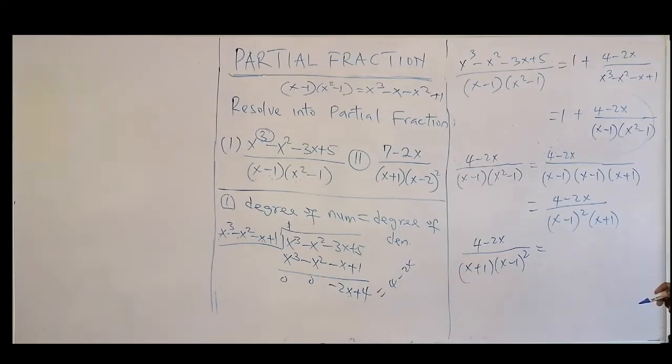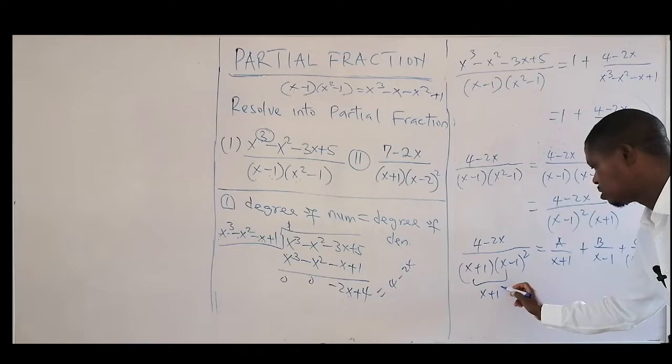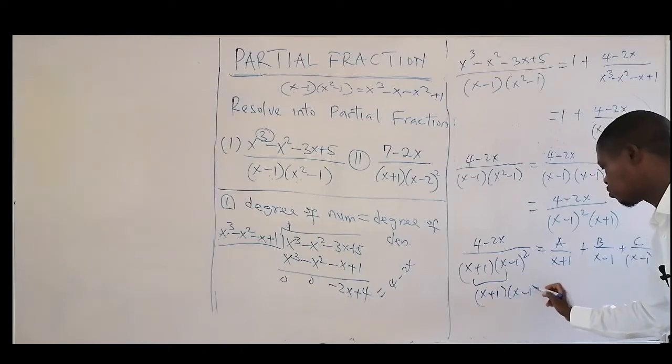And that will be equal to the linear factor, which is A over x plus 1, plus this one is a repeated factor, so it will be B over x minus 1, then plus C over x minus 1 squared. Okay. So multiply through by this common factor, x plus 1 times x minus 1 squared.